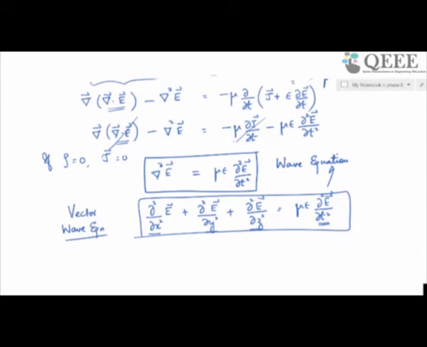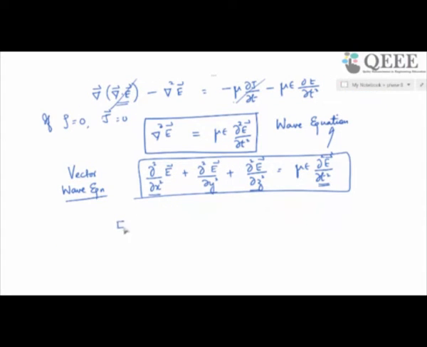How do you make it a scalar wave equation? You say that E is, let us say, Ex Ax, with Ax the unit vector along x direction, plus Ey Ay plus Ez Az.